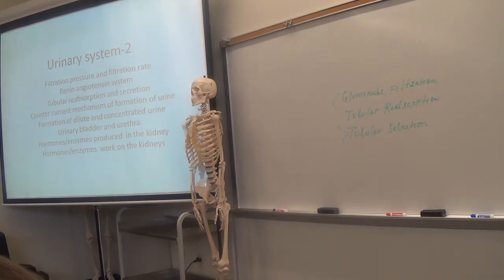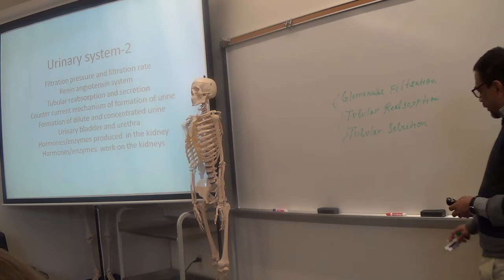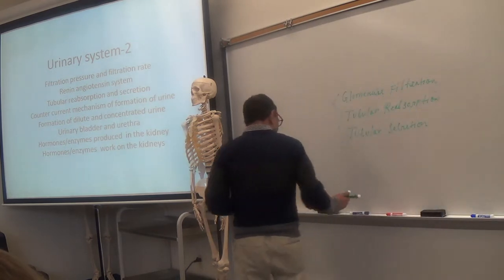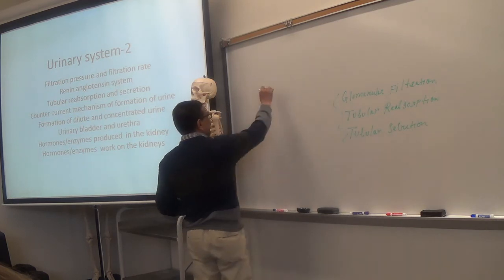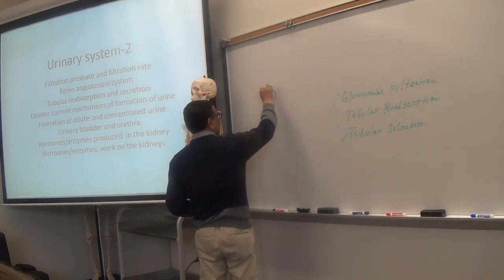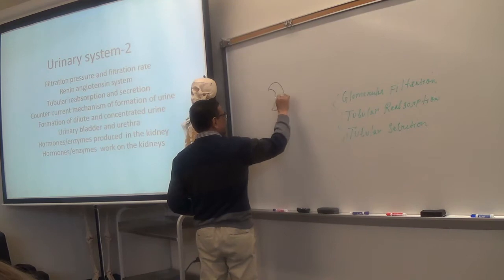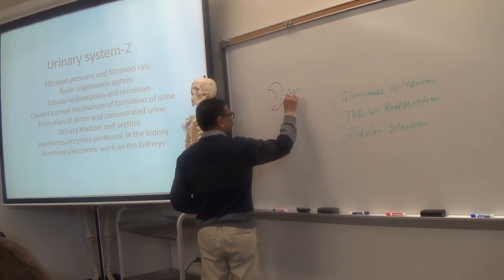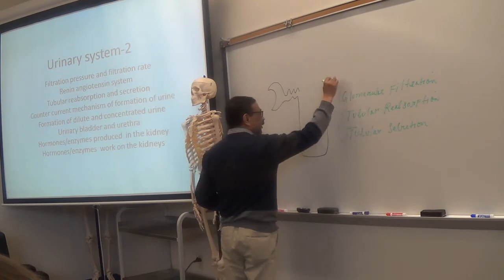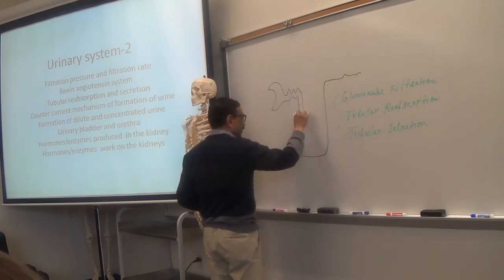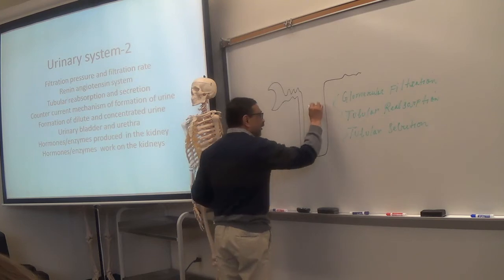Those are three processes of urine formation. So what are those three processes? You remember the nephron, which is the functional unit of the kidney, and the nephron looks like this.